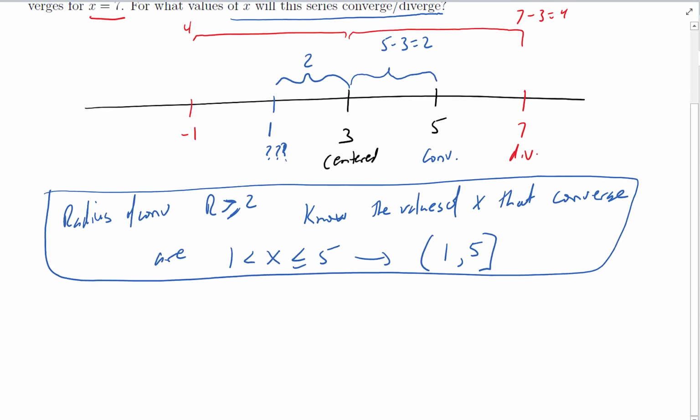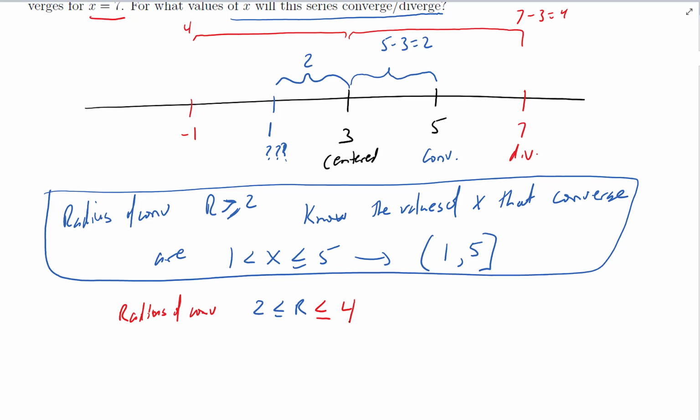And so right now, that information says I now know the radius of convergence, which we figured out had to be at least 2, has to be less than or equal to 4. It can't be bigger than 4, because if it's bigger than 4, then 7 would have to converge. Because the radius of convergence goes from the center out to the ends of that radius.